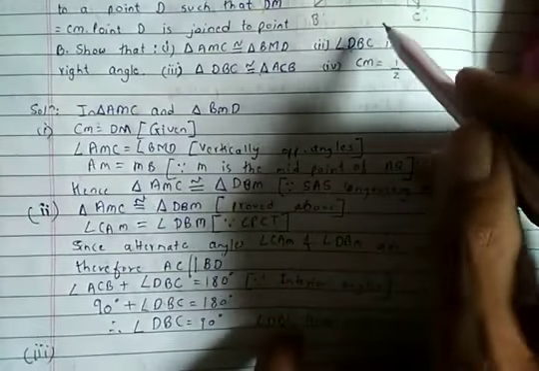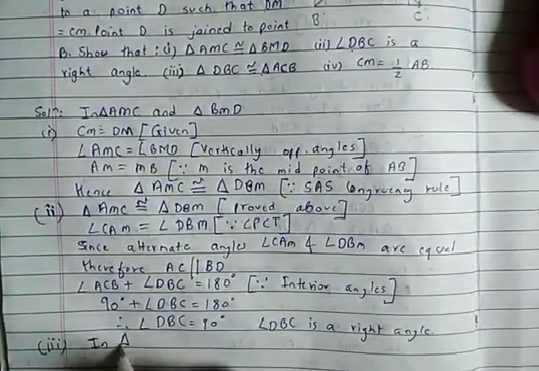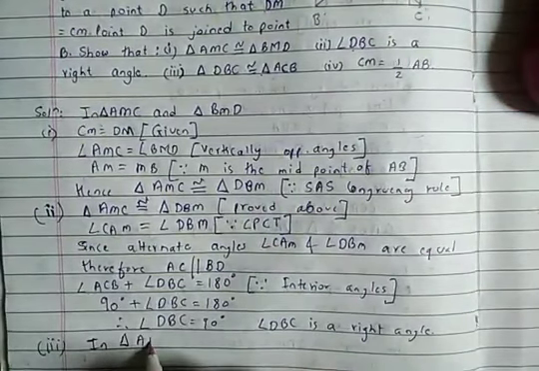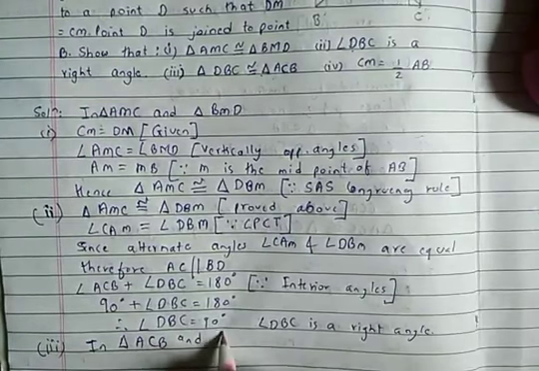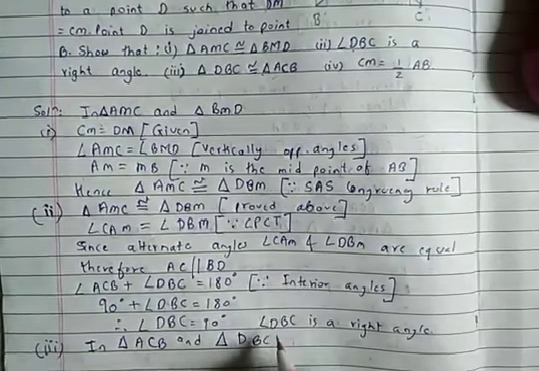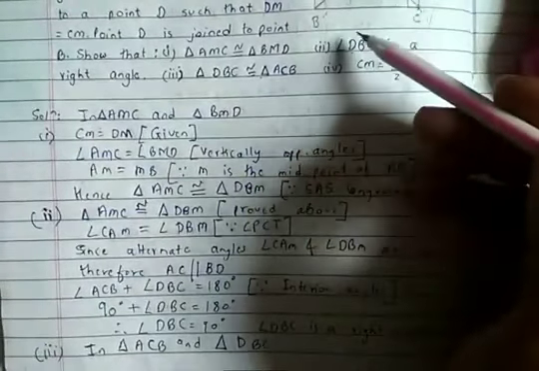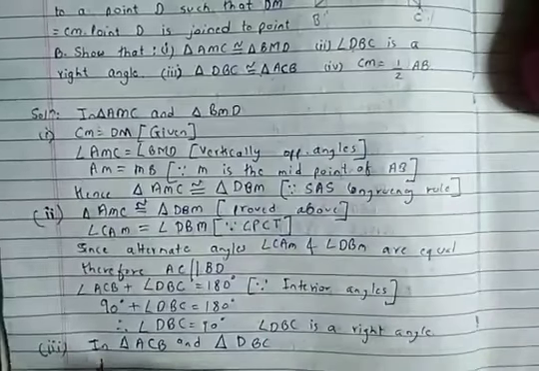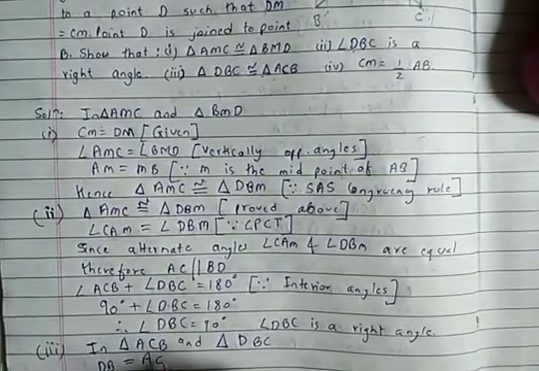So we will consider triangle ACB and triangle DBC, right? These two triangles we will consider. In this, DB is equal to AC.